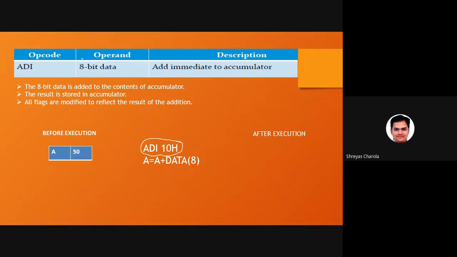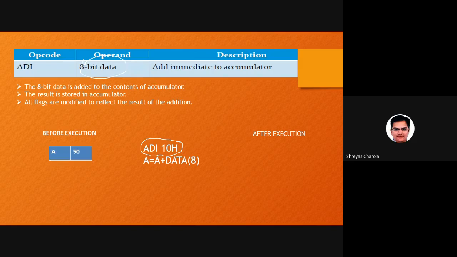This 8 bit is a user defined data. Previously we were adding with registers, so the content of the accumulator was added with the content of a register, which is not user defined data. So here I can give any number in between 8 bit, that means 00 to FF, to add with the accumulator, and the answer will be stored in the accumulator only.